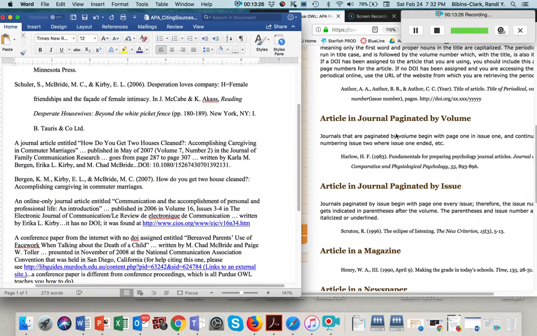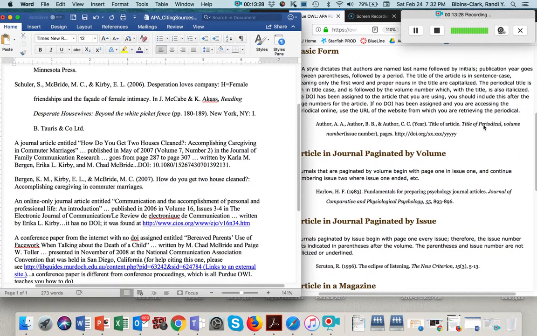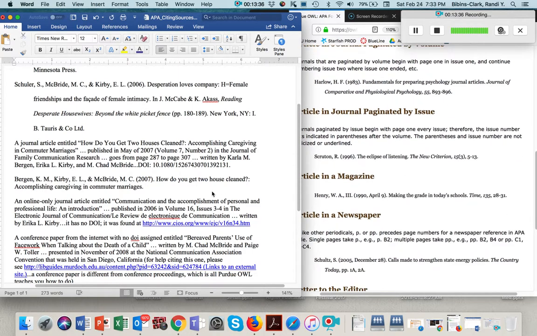Next, I want the name of the title of the periodical, and that is going to be in italics. The volume number looks like it's also in italics. So, italics, the name of the journal is Journal of Family Communication Research. Ooh, these are capitalized.